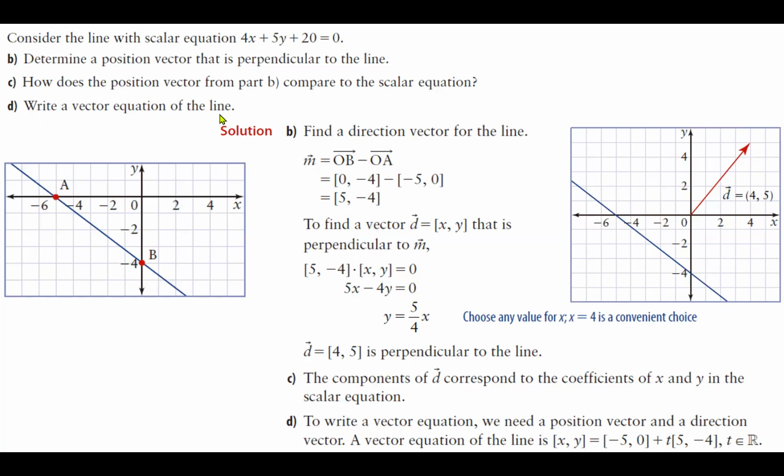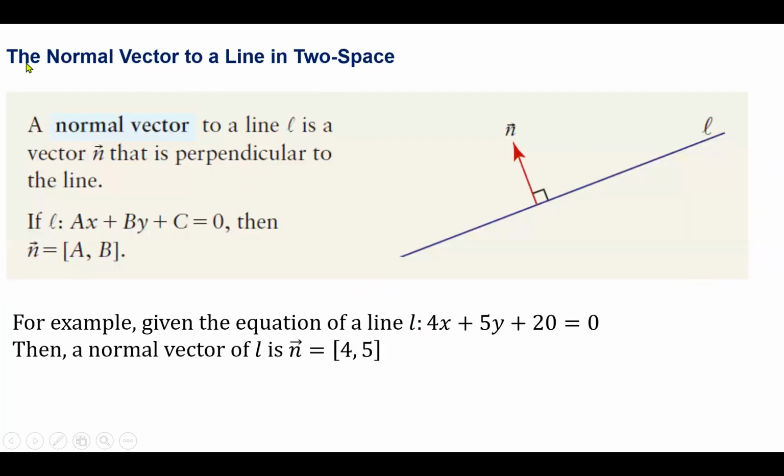Okay, so this example shows us how to find a vector that is perpendicular to this line, right? So next, let's have a look at the concept here. Normal vector to a line in two space. Well, a normal vector to a line L is a vector n that is perpendicular to this line.